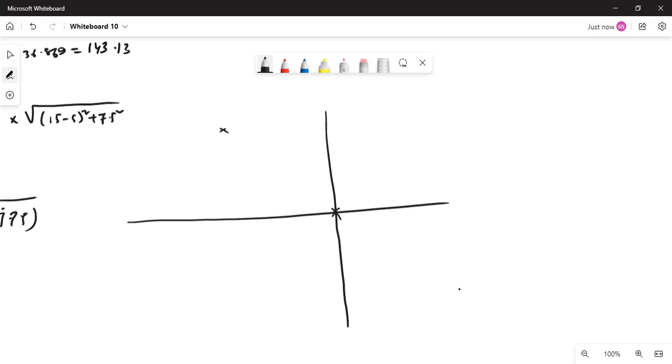So how should the root locus look? Definitely this segment will be on the root locus. This is one of our real axis segments. This will be on the root locus.